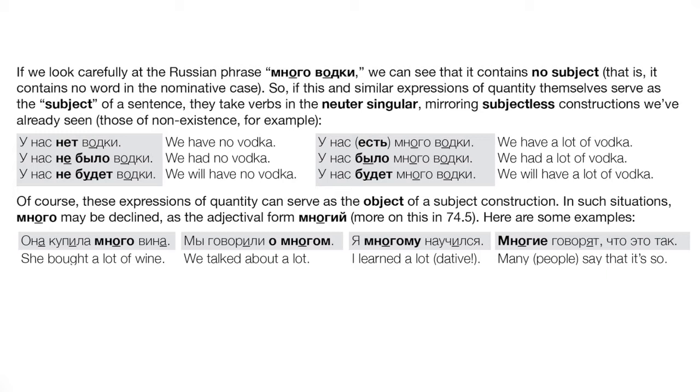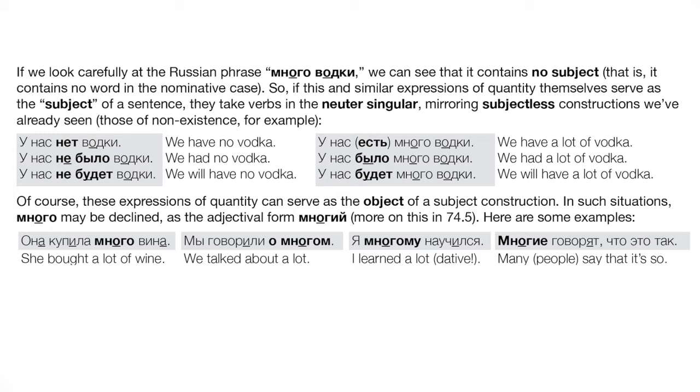Мы говорили о многом. Now this is somewhat more, well, not quite as common, but многие can be used adjectively, and it's really almost never seen in this form многие, because again, instead you would just say много. But in instances where you need an oblique case form, like in this case, we talked about a lot, right?